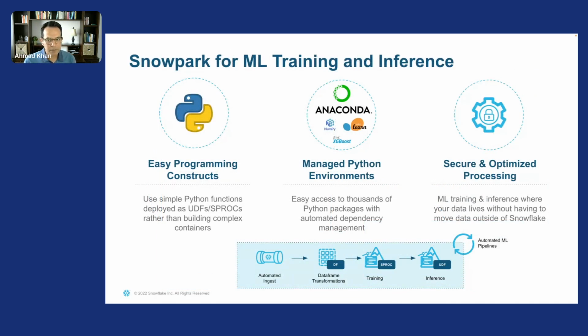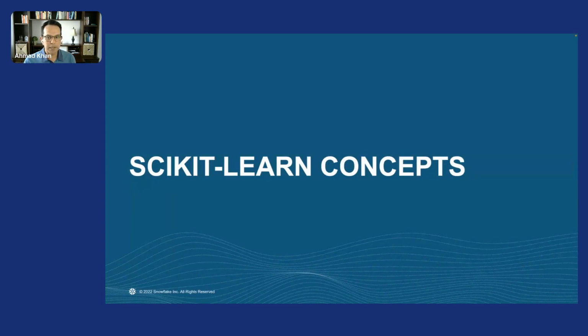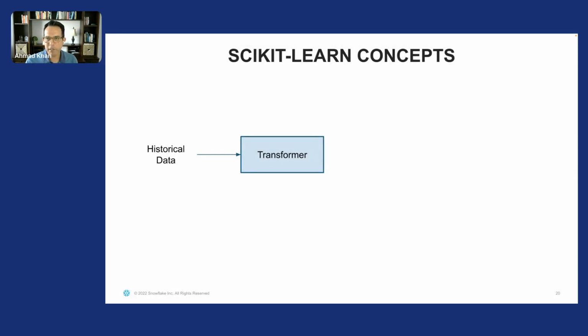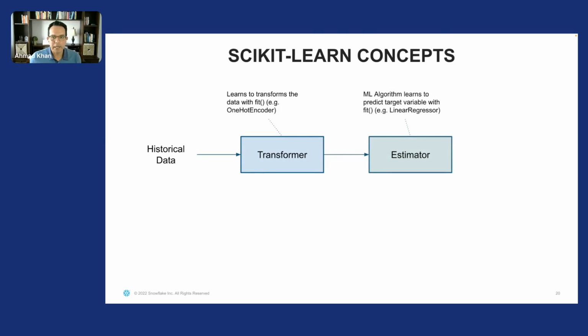I'll come back to this, but let me quickly talk about scikit-learn and what I'm going to be using in the demo to implement this. You've got these transformer objects that can transform the data, for example, one-hot encode, and then I can train an estimator which abstracts the machine learning algorithm.